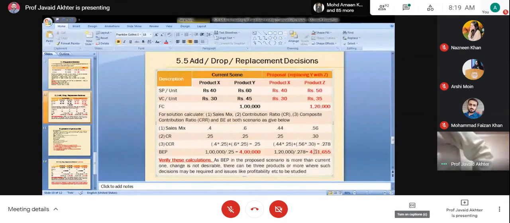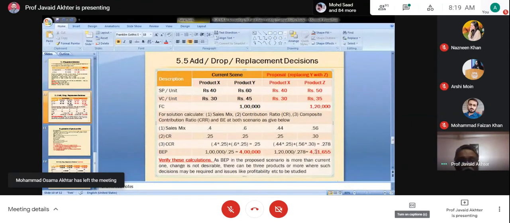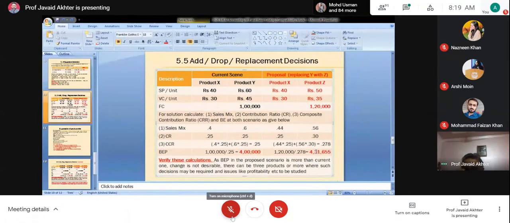Why do we reject the proposal if BEP is more? I told you do this, but why? What is the logic? So we have to sell more units. Yes, correct.